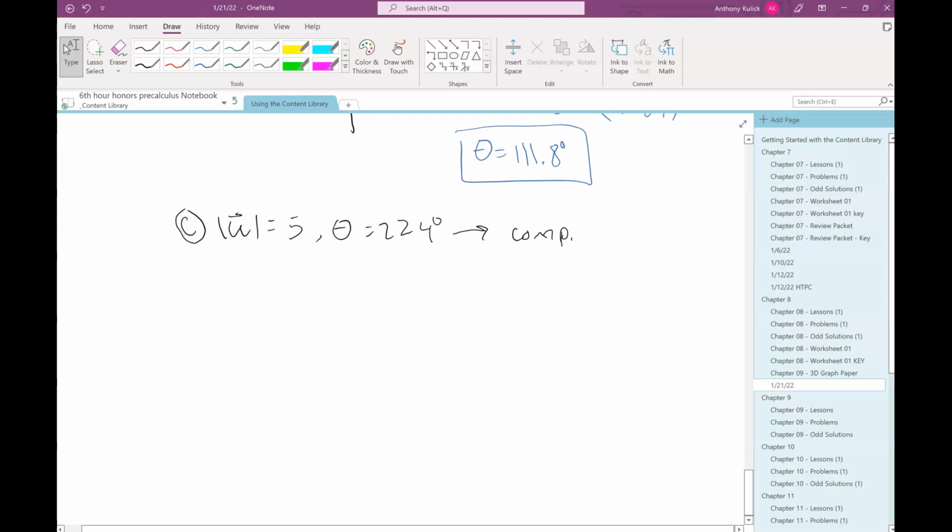My third example here: we're given a magnitude of 5 and a direction of 224 degrees, and we want component form out of this. That's really easy. Magnitude times cosine of direction, comma, magnitude times sine of direction.